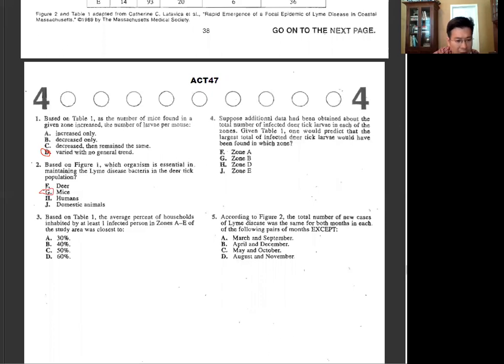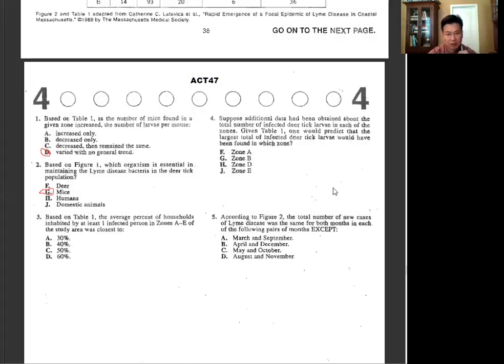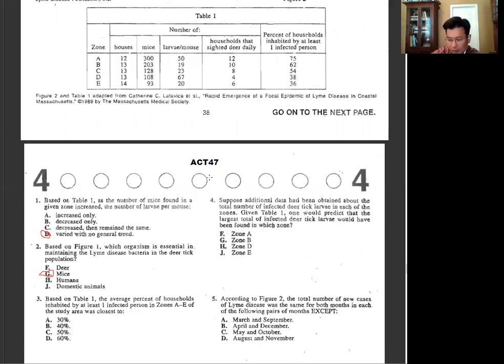Based on table 1, the average percent of households inhabited by at least one infected person, zone A to E, of the study was closest to... So at least one.